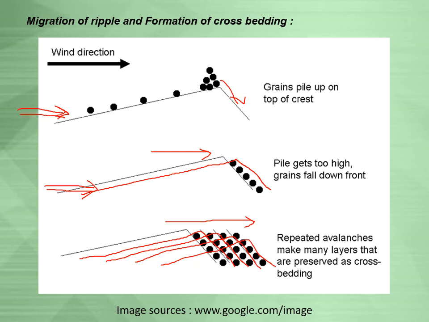So basically a ripple mark is not a static feature that, once formed, remains in its place. Particularly the current ripple or asymmetrical ripple progresses or moves forward with the flow, along the flow direction.